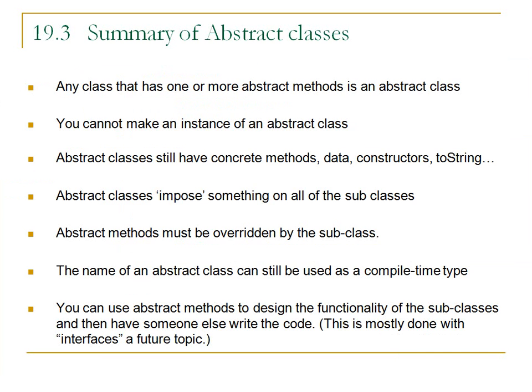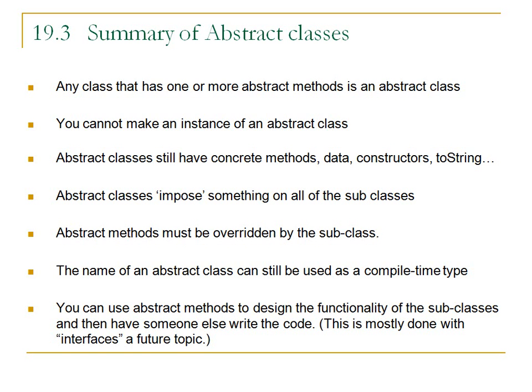So an abstract class is any class that has one or more abstract methods, and an abstract method is a method that has no body, just a method signature with no braces, ends with a semicolon. Not much is different about abstract classes from concrete classes. The big difference is you can't make an instance of an abstract class.